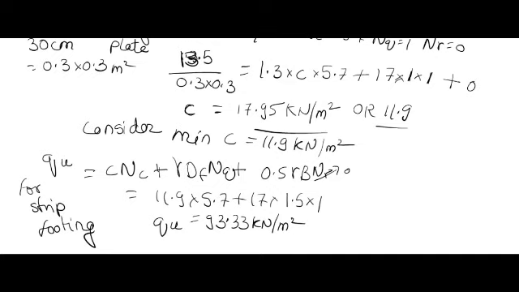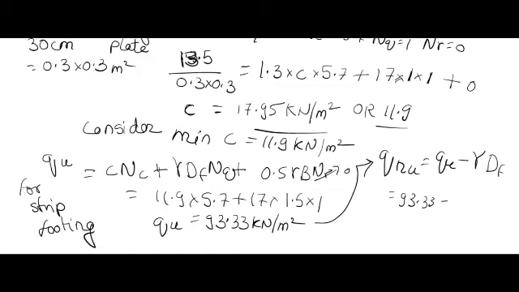As soon as you get QU, you can find Q net ultimate, which is equal to QU minus gamma Df, that is 93.33 minus 17 into 1.5. It comes out to be 67.83 kilonewton per meter square.